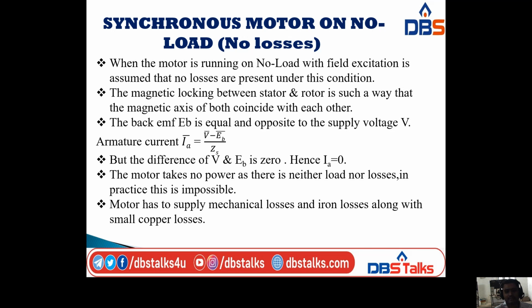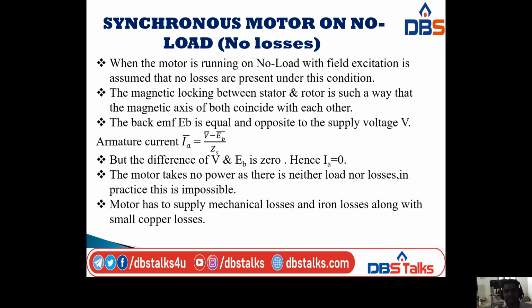At that time the back EMF EB is equal and opposite to the supply voltage V. From this we write the armature current IA bar equal to V bar minus EB bar by ZS bar.